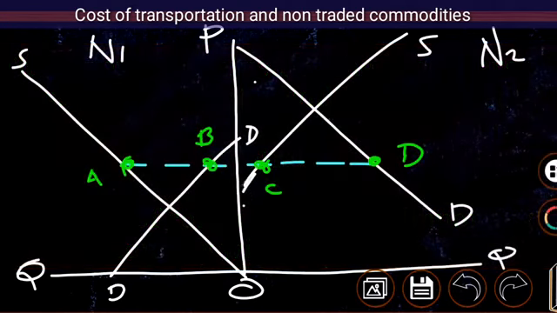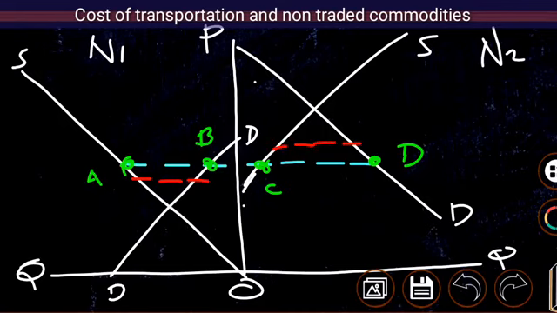This can be shown like this dotted line in nation 1 and the same dotted line in nation 2.